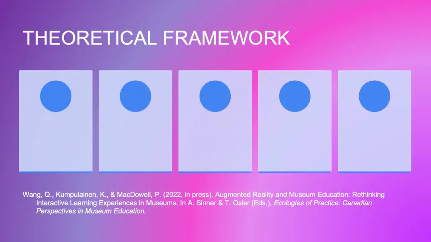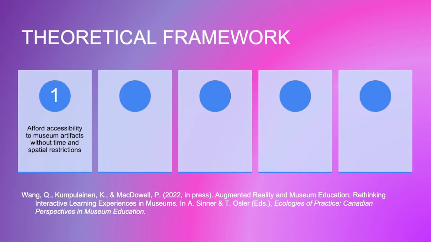The theoretical framework that has guided our educational design with AR draws on our earlier work that will be published shortly. You can see the reference to our work in the slide. Briefly, our framework consists of 5 dimensions. First, AR affords accessibility to museum artifacts without time and spatial restrictions.